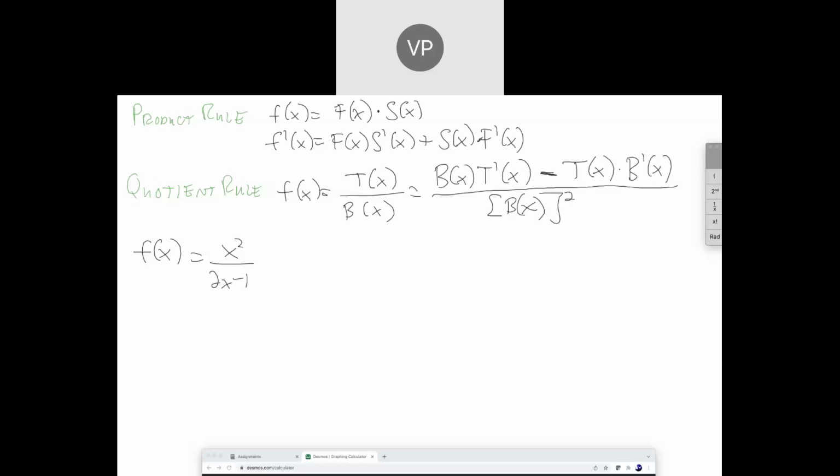You can't simplify it, you can't get this down to one term, mainly because there's more than one term down here. If this is one term on the bottom, I can split this into multiple fractions. If it was the other way, if the x squared was on the bottom and the 2x minus 1 is on top, I can go break it down and get each individual piece. But when you have two or more terms on the bottom, there is no simplification. There's nothing you can do to clean this up.